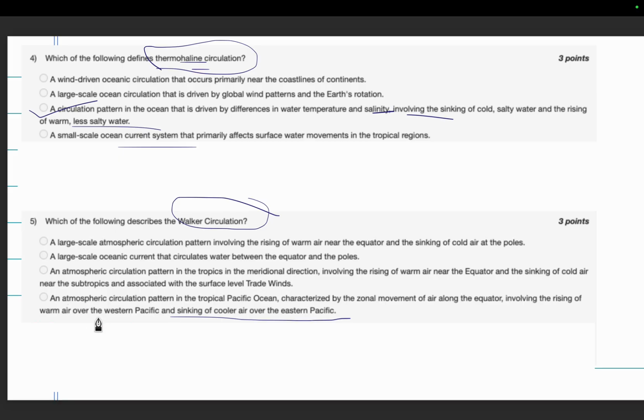It is an atmospheric circulation pattern, but it is connected to the ocean. It occurs near the tropical Pacific Ocean, and is characterized by the zonal, west to east movement of air along the equator, and involves rising of warm air over the Western Pacific and sinking of colder air over the Eastern Pacific.